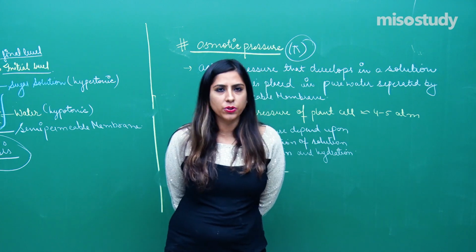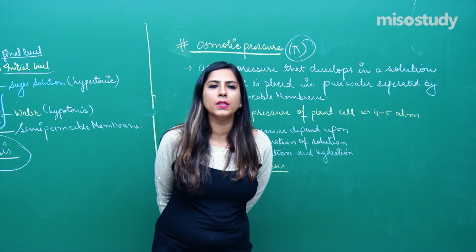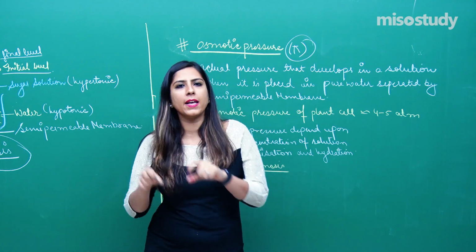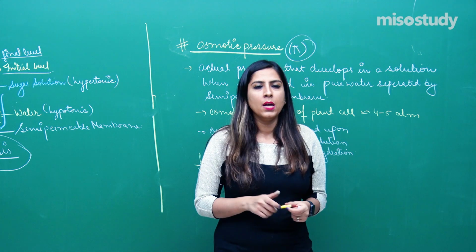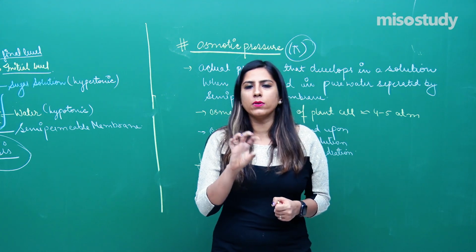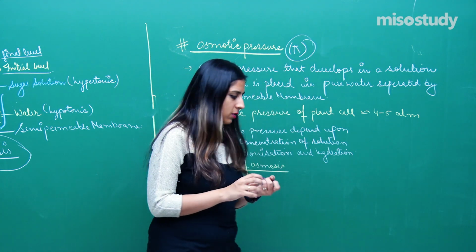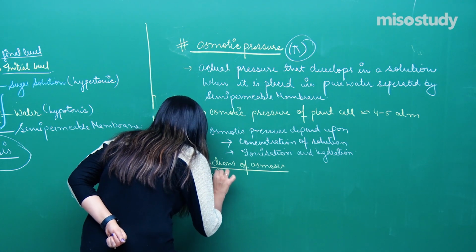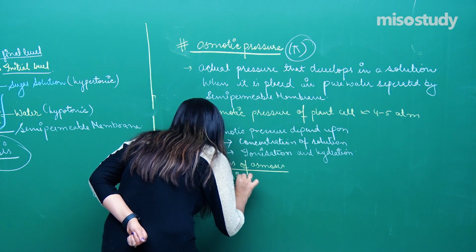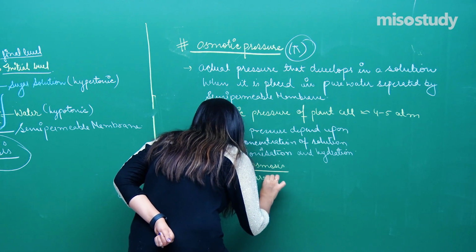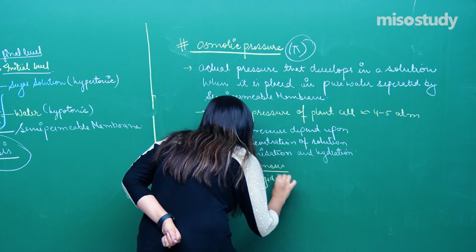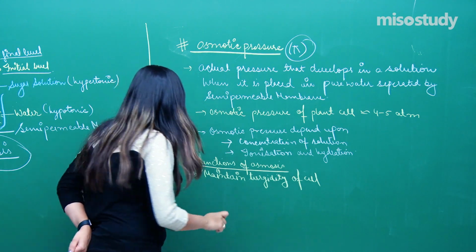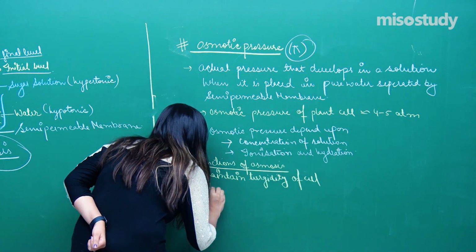So, whenever any question like this is asked, this thing should be clear in your mind, that osmosis helps in the opening and closing of the stomata. And we know that this stomatal opening and closing determines the transpiration rate. So, the first example, it maintains turgidity of the cell, right. Second, I have told you that it helps in opening and closing of stomata.